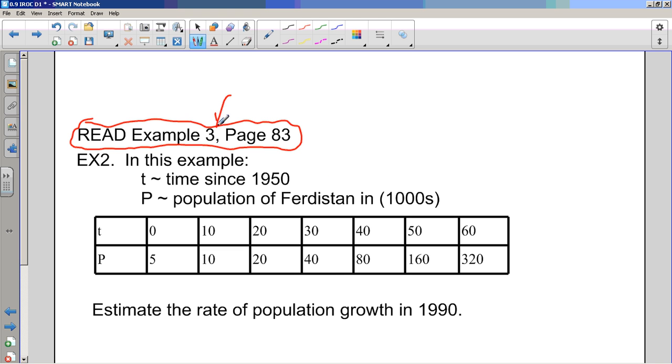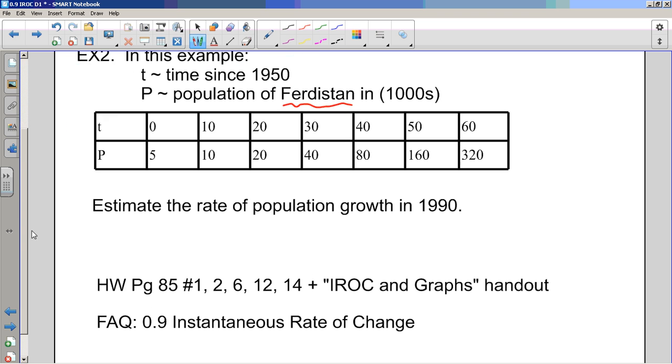Well, you read that example. You can try my example of Ferdistan, and then I'll post my solution on Facebook to see if you got the same thing. But this is for you to do. Okay, so read that example, and you can try my second example, and then we're into the homework.